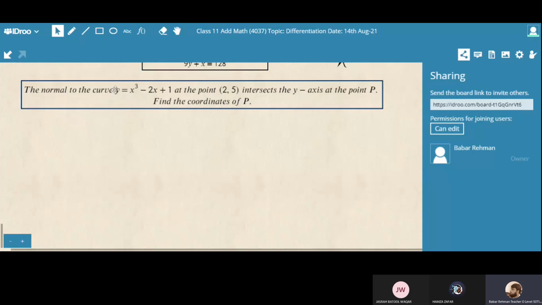Okay, first of all, please tell me till what step you have done so that I can continue. The normal to the curve at this point intersects the y-axis at point P.